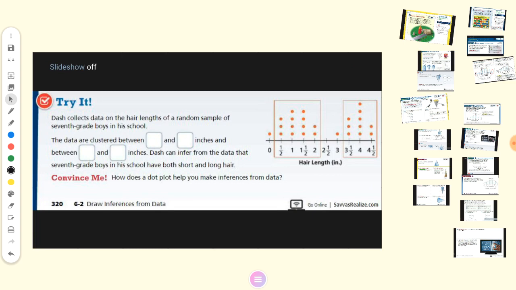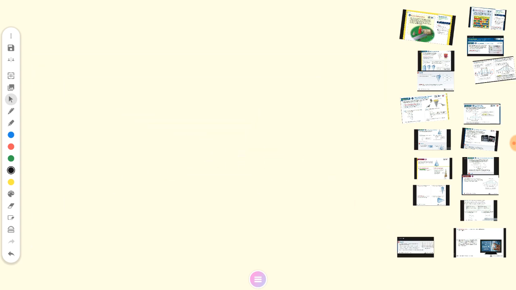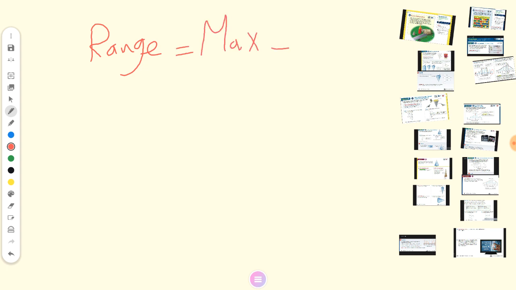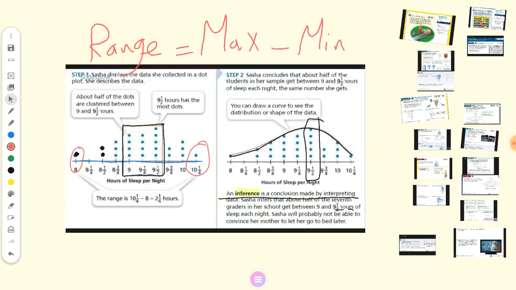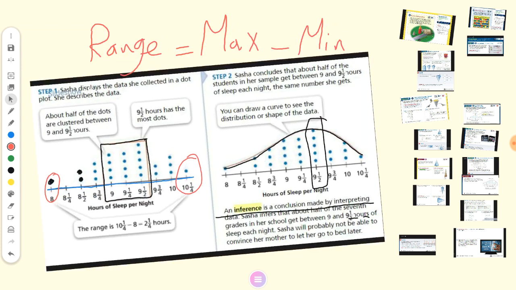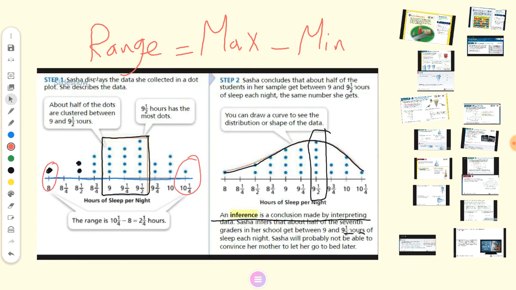By the way, I need to give a definition: range. Range equals maximum value minus minimum value. In our case here, the minimum value was 8 and the maximum was 10 and a quarter.